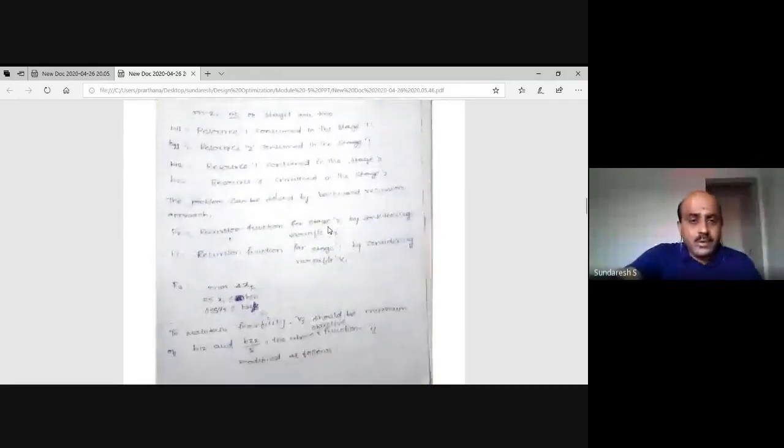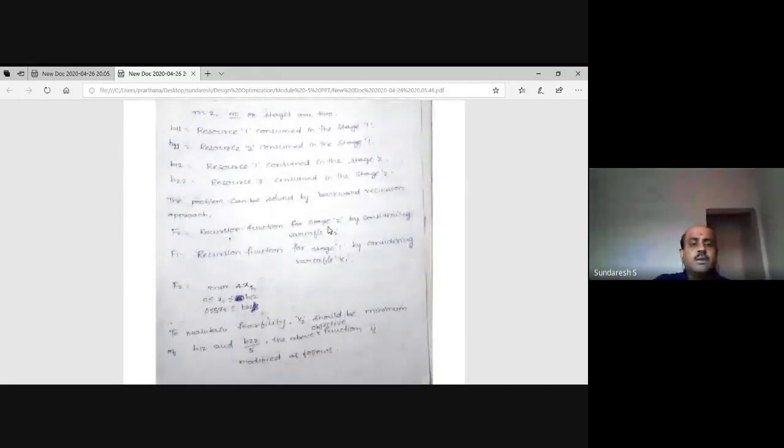Next, we go into the resources. You have to list out the resources similarly to how we did for the previous problem. B11 is the resource 1 consumed in stage 1 and B21 is the resource 2 consumed in stage 1.